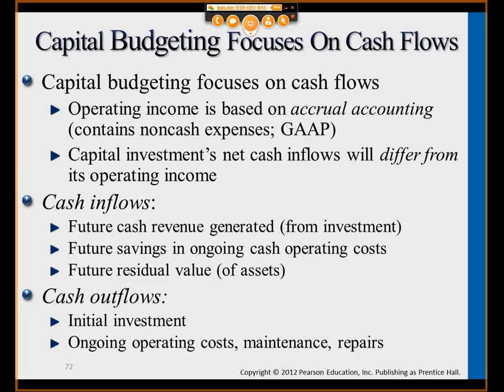Okay, so quite often, just think of it naturally, capital budgeting is going to tell us that the cash outflow is going to be significant, right? So the initial investment is quite large. We're also going to include our ongoing operation costs, maintenance and repairs.